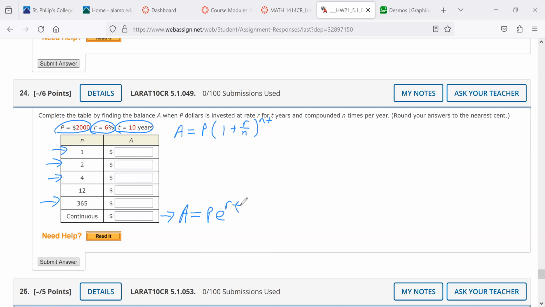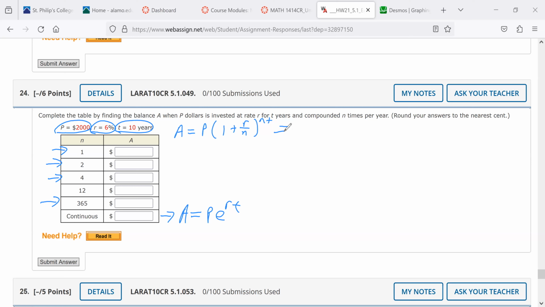So this is continuously compounded all the time, right there. Okay, does that make sense?